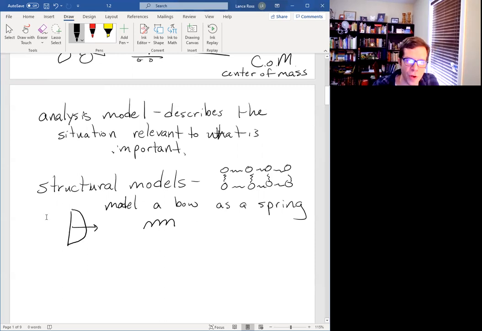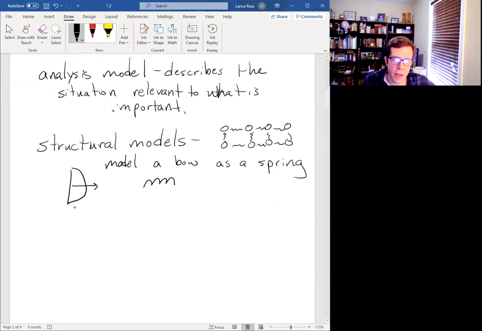So that's one type of structural model, where you're taking a real situation and you're describing it in terms of something that acts similarly to make it understandable, right? These are not springs connecting all your atoms, right? You have electromagnetic fields between the atoms that determine how they interact with each other. But a spring is a very good approximation.